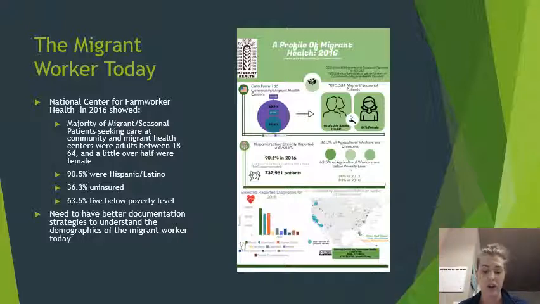Many studies show that there is a large portion of agricultural workers that identify as a racial or ethnic minority.